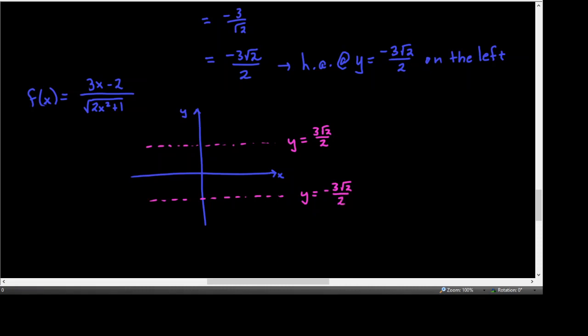So I got all set up with the asymptotes, and it looks like something like this. Well, there. Okay. That's sort of what that looks like.